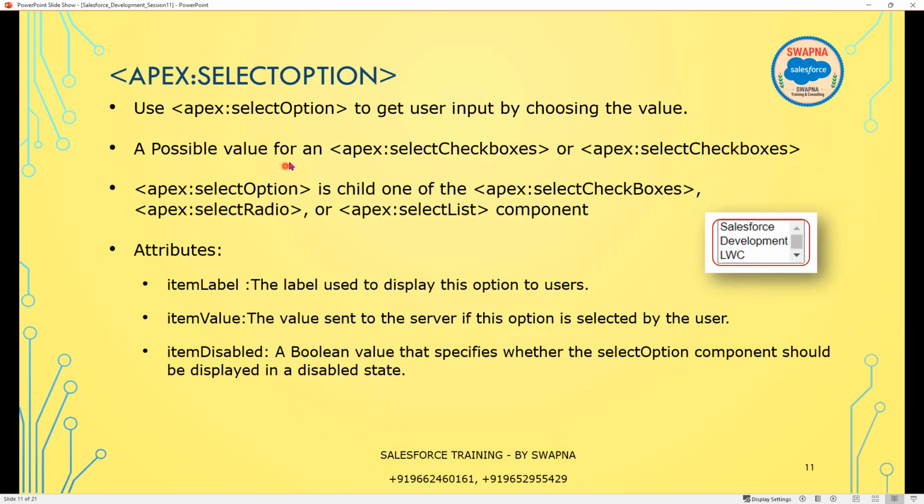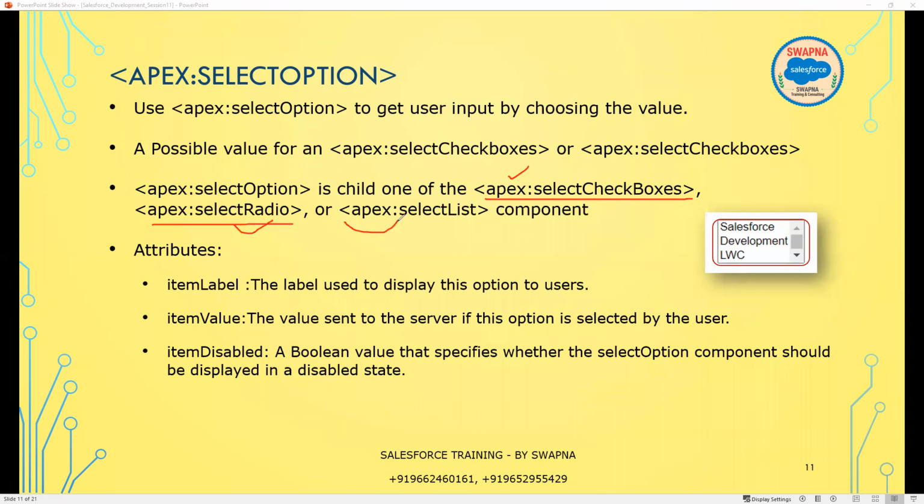Now, a possible way is that you need to use this select option within the apex colon select list, or within the apex colon select checkboxes, or within the select radio. So you have three parents for this.